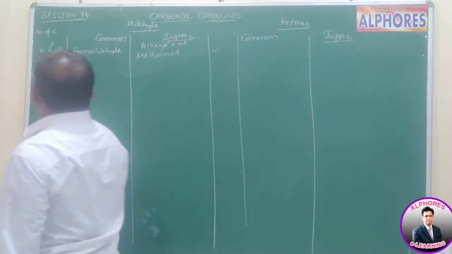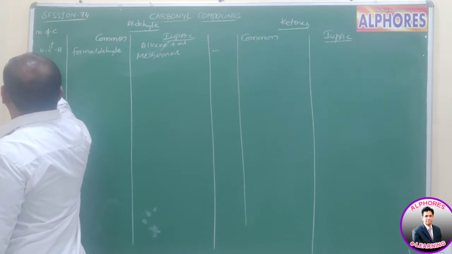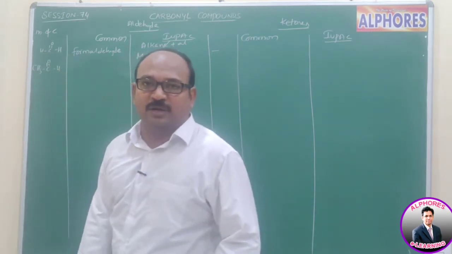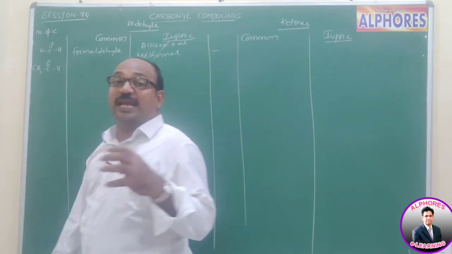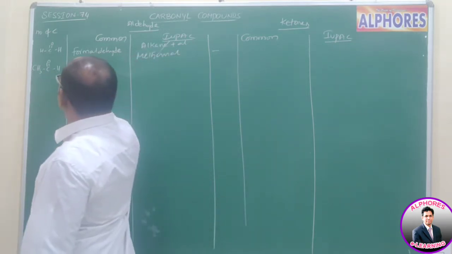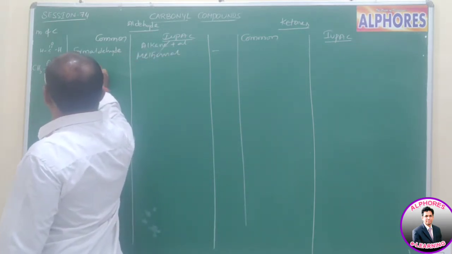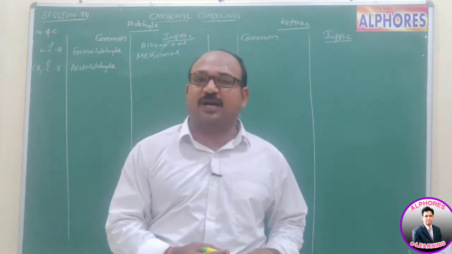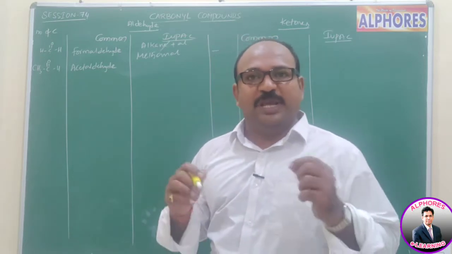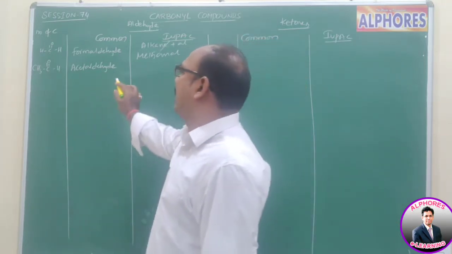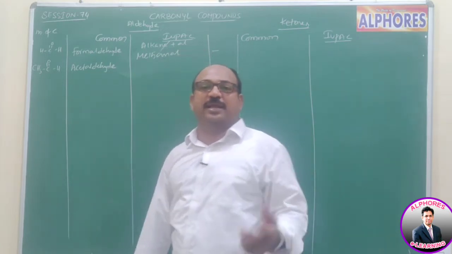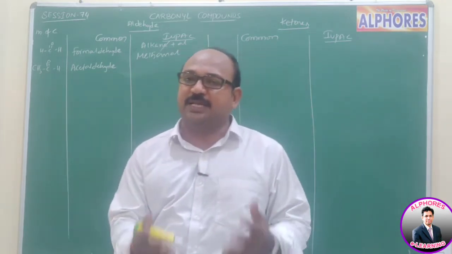Let us see two carbons containing one, CH3-C=O-H. It is called acetaldehyde. The common name is acetaldehyde because the two carbon containing acid is called acetic acid, and from acetic acid we got the name acetaldehyde. Why do we call the two carbon containing carboxylic acid acetic acid?